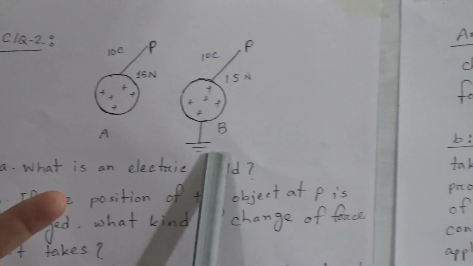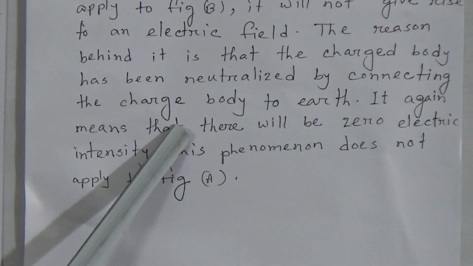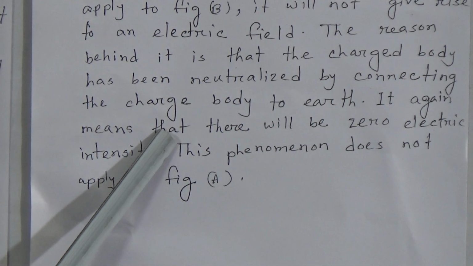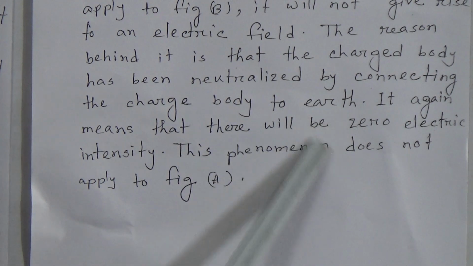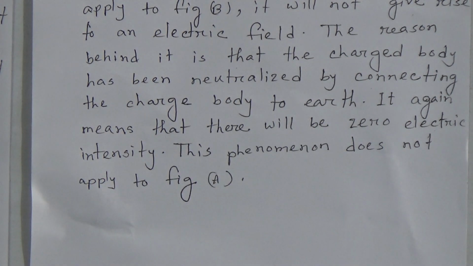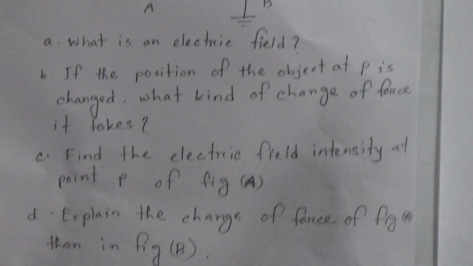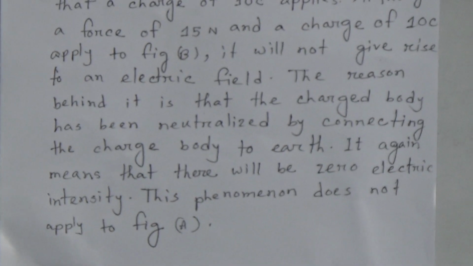So the charged body has been neutralized by connecting it with the earth, which means there will be zero electric intensity. We know that in the earth there will be zero electric intensity. So this phenomenon does not apply to figure A.